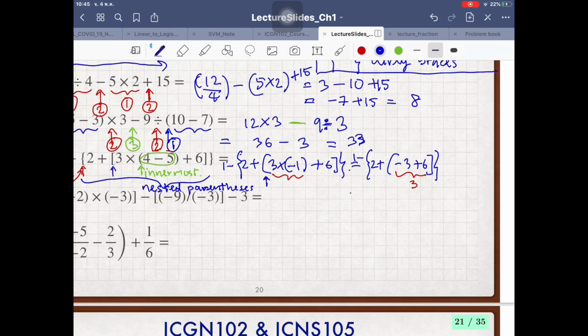So the next step, now you take 3 plus 2, the term inside the curly braces, and then you have 1 minus outside. Then you calculate 2 plus 3, because it is inside the curly braces. So now you get 1 minus 5, so the answer will be negative 4. So that's it.